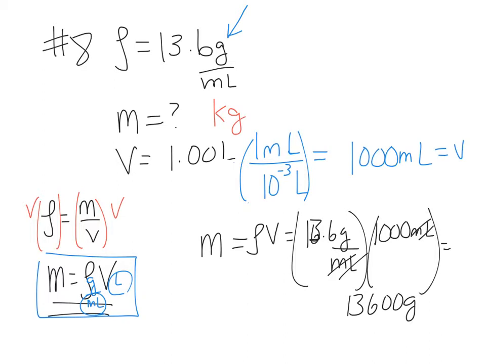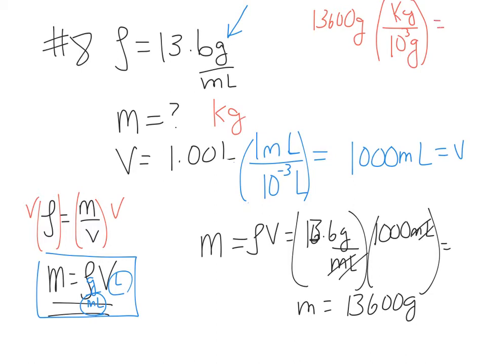But the question said in kilograms. So this is correct, but in kilograms, we'll do this conversion at the top here. 13,600 grams. Now we know there's 1,000 grams in a kilogram, but just to be consistent with our conversions, we're going to say kilogram is what we want. Kilo equals 10 to the 3.